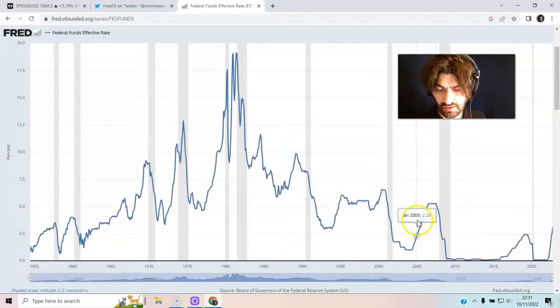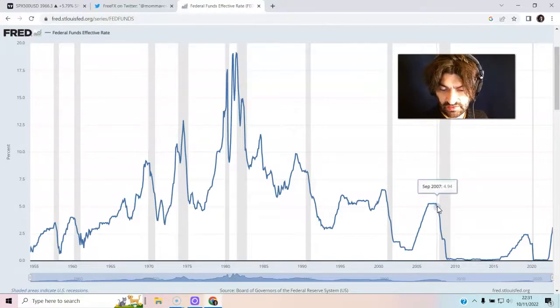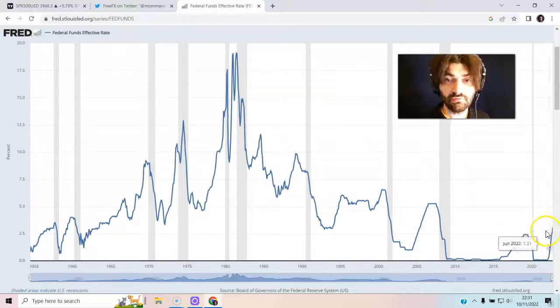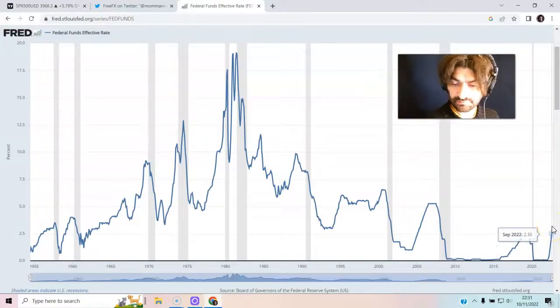So we had this period there, 2005 to 2008. Then we had the QE 1, 2, 3. Then started raising rates, obviously, and then reversed on that. We've obviously gone past this peak from 18-19, and that's where we are.